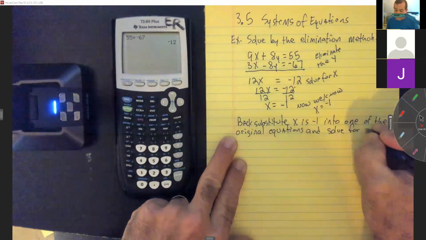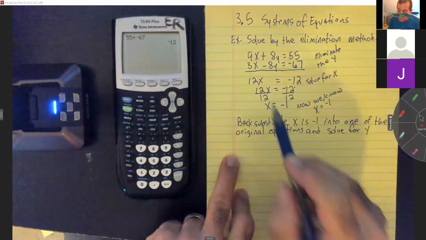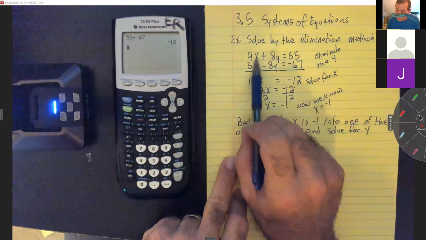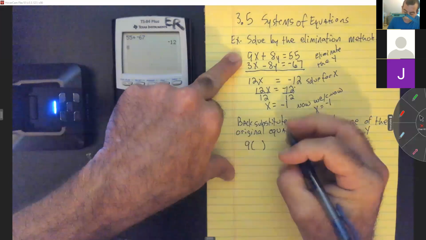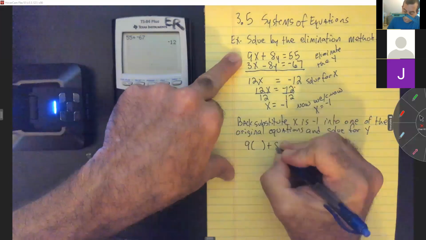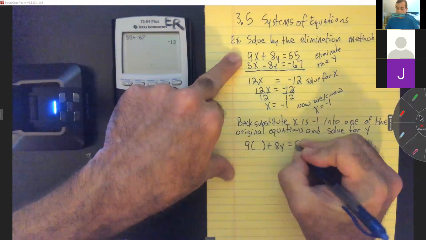Because I know what the x is, I can pick either one of these equations. So I'm just going to pick that first one. I got 9 times x plus 8 times y is going to equal 55. I know what x is.